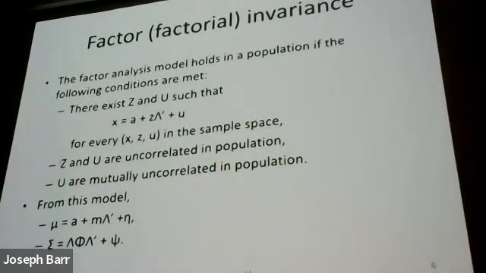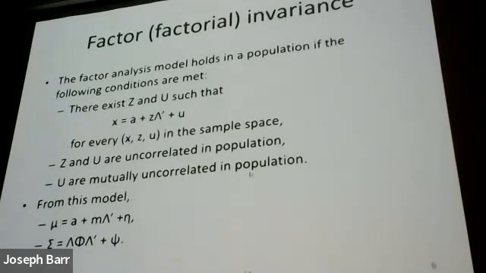Z and U. Z are common factors. U are unique factors. We assume that they are independent. These are our common assumptions in the factor model. Common factors Z and unique factors U are uncorrelated in the population, and the U are mutually uncorrelated in the population.